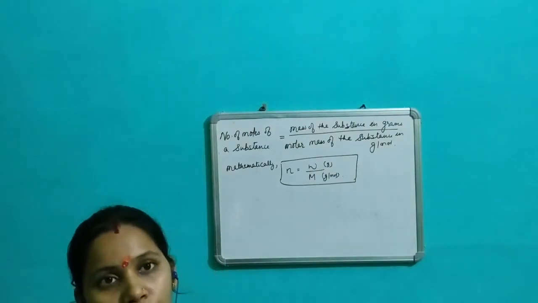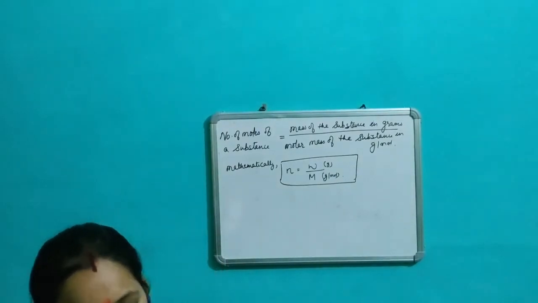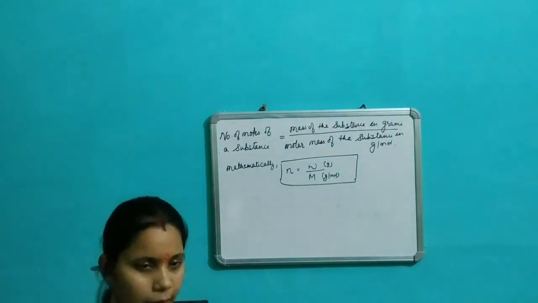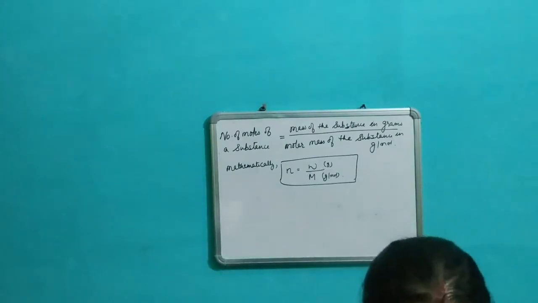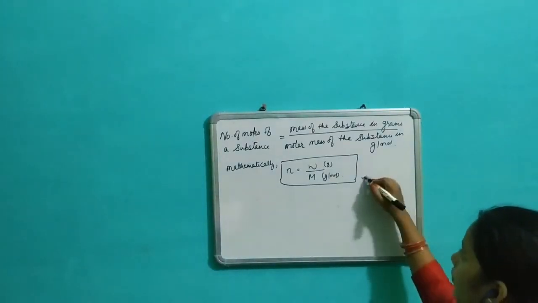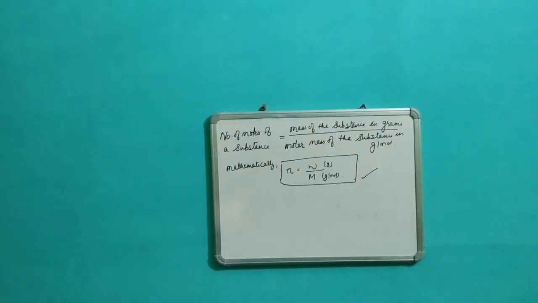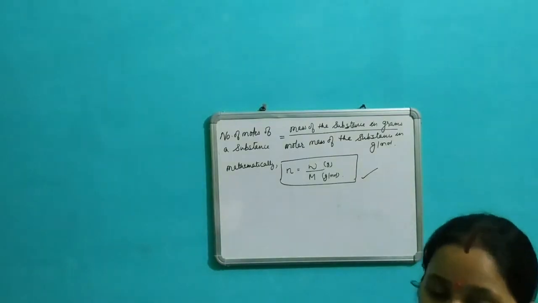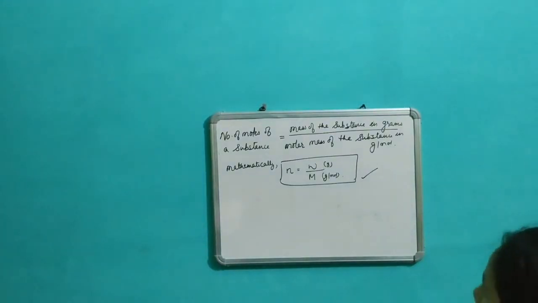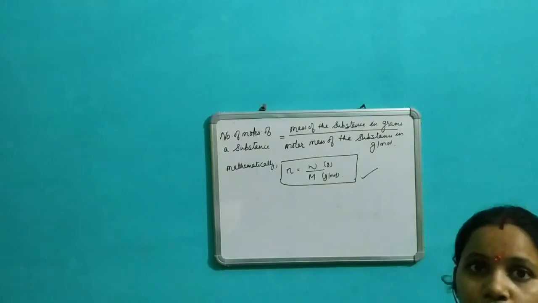Now, how many moles are there in a certain mass of the substance? We will do this in three ways. This is one. Secondly, if we have to calculate the number of molecules, we will multiply the molar mass of the substance by Avogadro's number of particles.